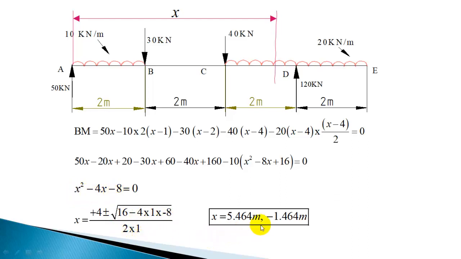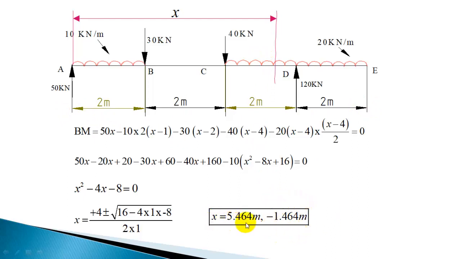By solving this you will get x as 5.464 meter and minus 1.464 meter. Two values of x you will get to satisfy this equation, but whichever value is within our required portion you should take. So the negative value is not at all relevant here.